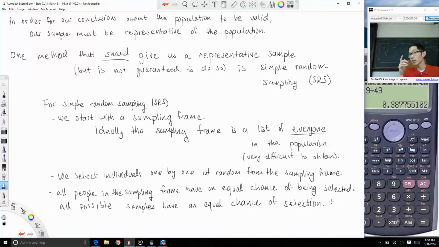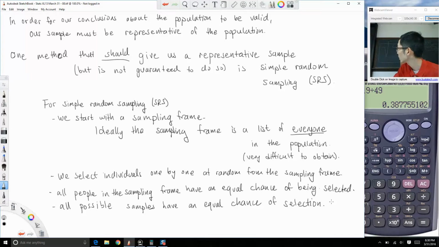So the ticket 13, 18, 52, 37, 25 has the same exact chance of being selected as 1, 2, 3, 4, 5, 6. Okay, so they all have the same probability, and that's just a property of simple random sampling.